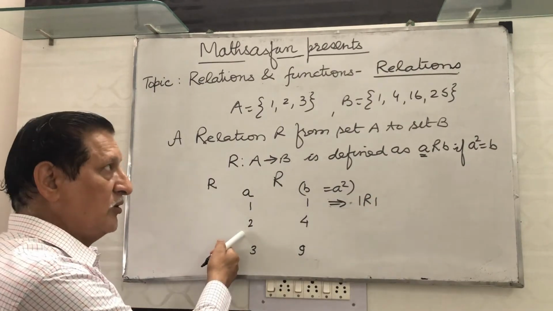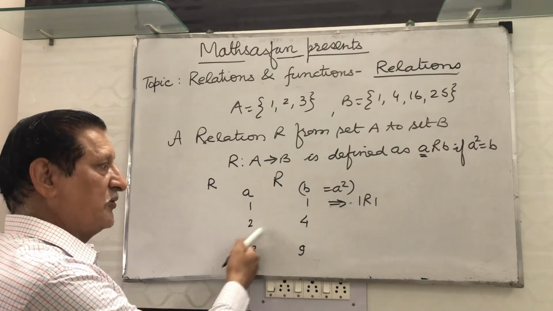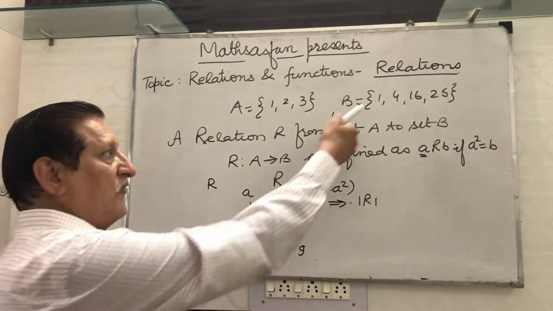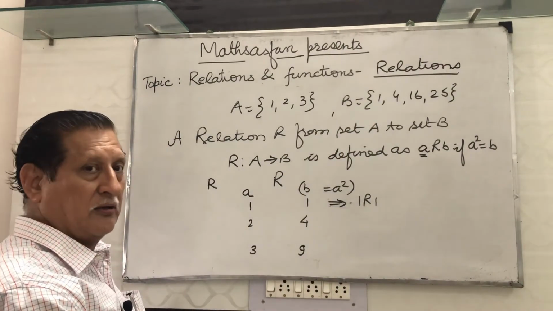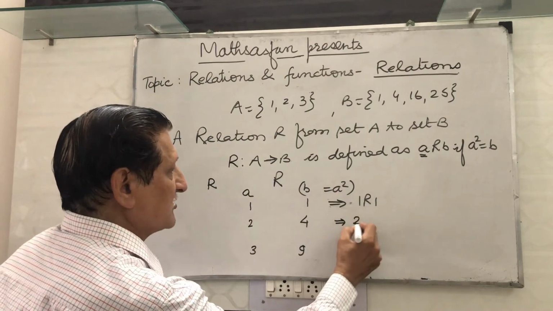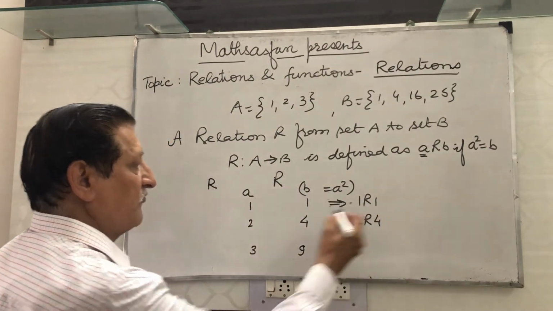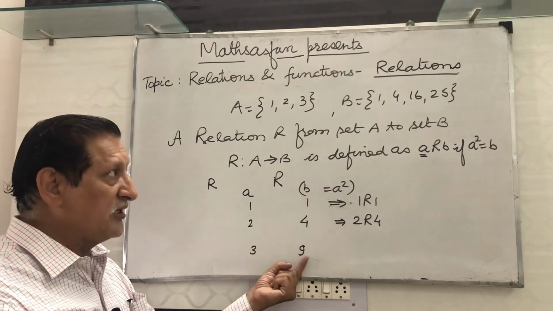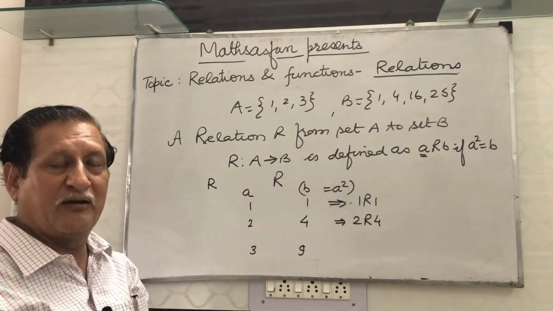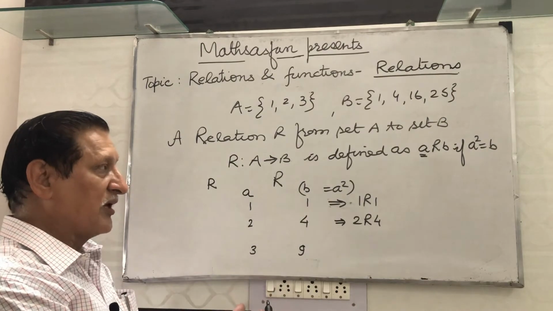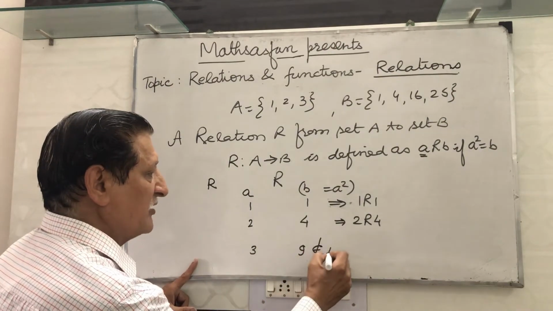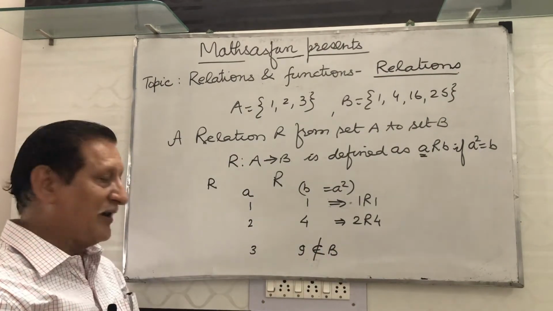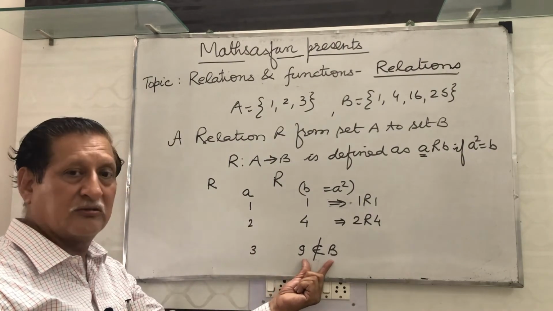If we go for 2, 2 is related to 4 because 4 is the square of 2, and 4 is also available here, so we can write, yes, 2 has relation R with 4. Talk about 3. Square of 3 is 9, but 9 we are not finding in B. It means 3 is not having relation with anyone because 9 is not belonging to B, and hence we say 3 does not have any relation.